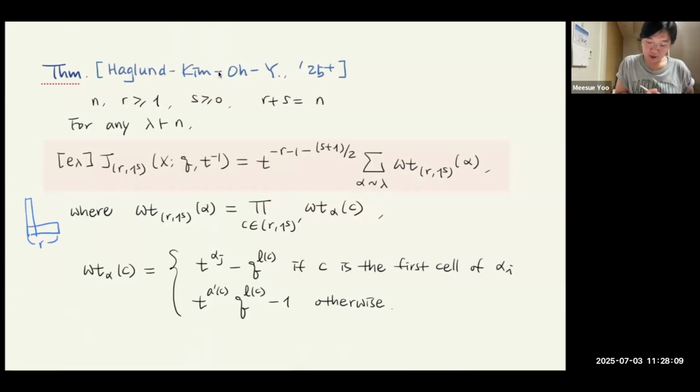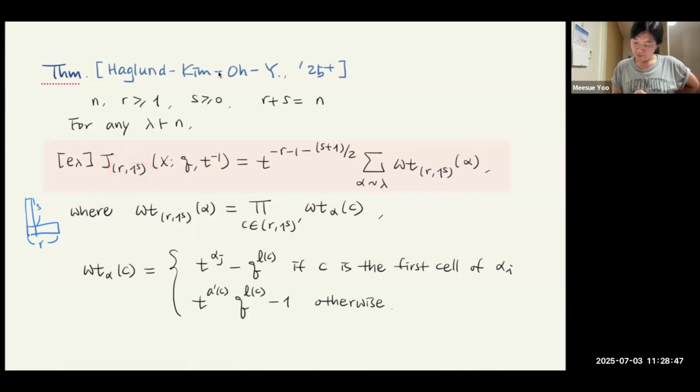We have r cells in the first row, and then s cells in the first column above the first row. Then the e_lambda coefficient of this integral form, where t is replaced by t inverse, is a summation over certain vectors. And this is the negative power of q that I mentioned before. Then this weight comes from all the possible rearrangements of the parts of lambda.